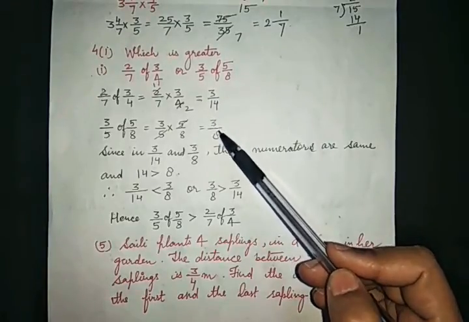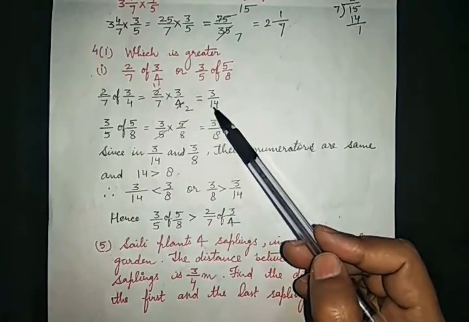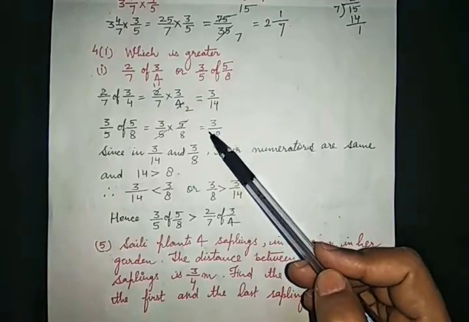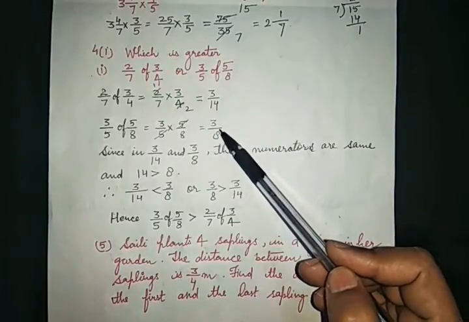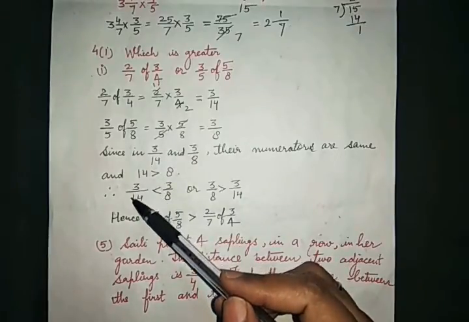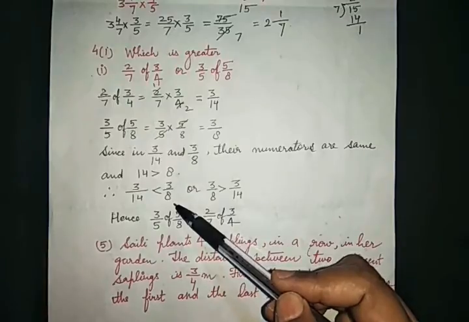If the numerators are the same, then you will see the denominators. Denominator 14 is greater than 8. So you can say 3 upon 14 is smaller than 3 upon 8.